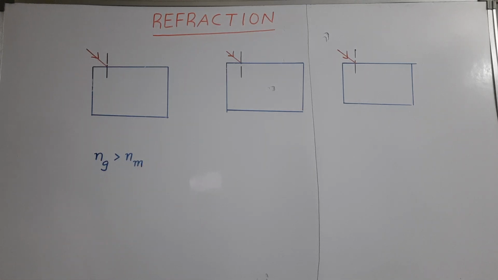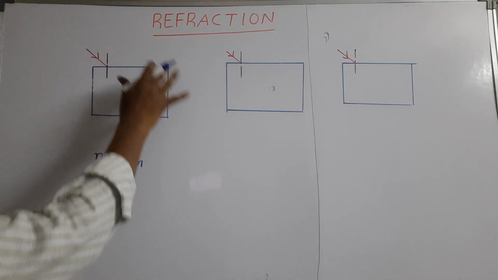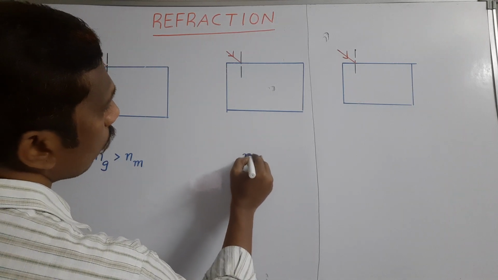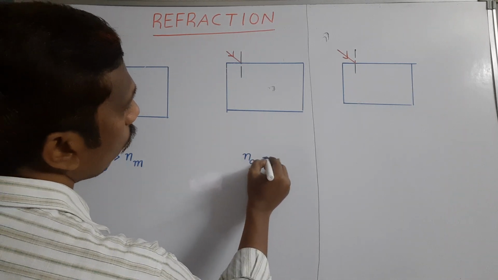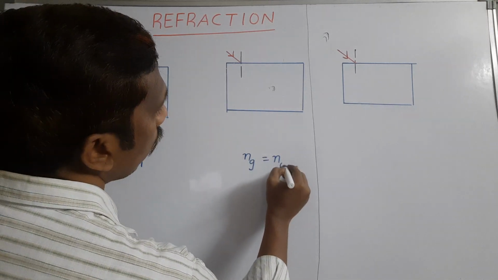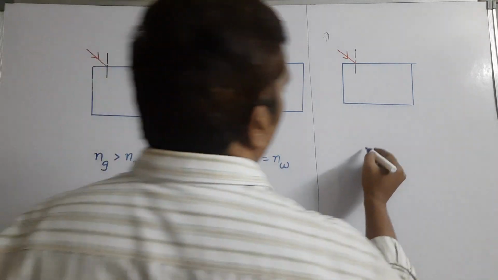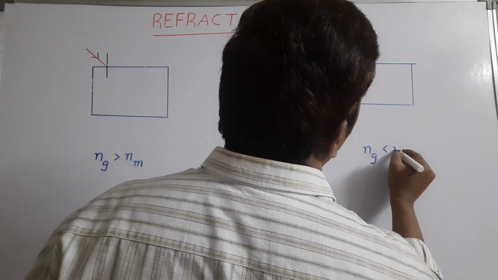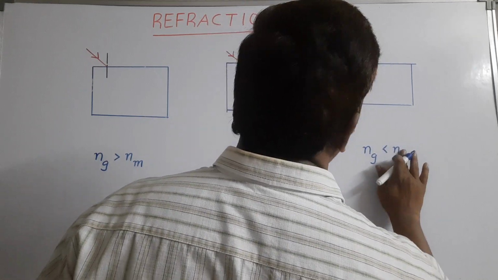In the second case, the refractive index of the glass slab is equal to the refractive index of the surrounding medium, and here the refractive index of the glass slab is less than the refractive index of the surrounding medium.